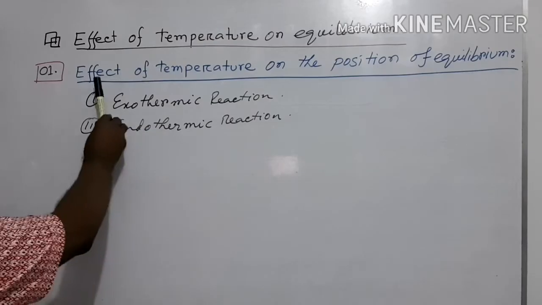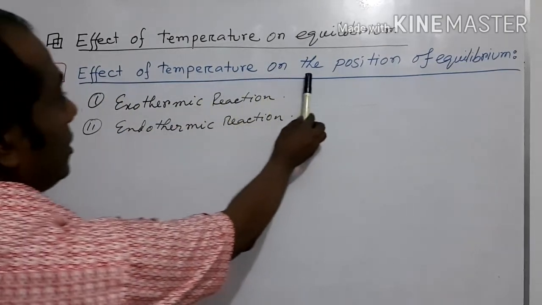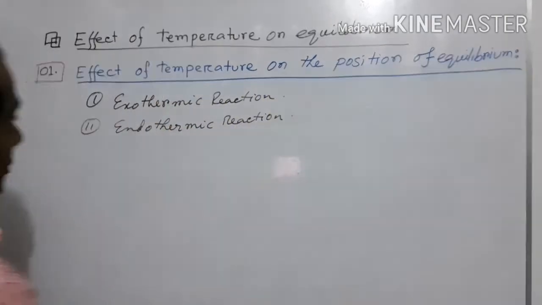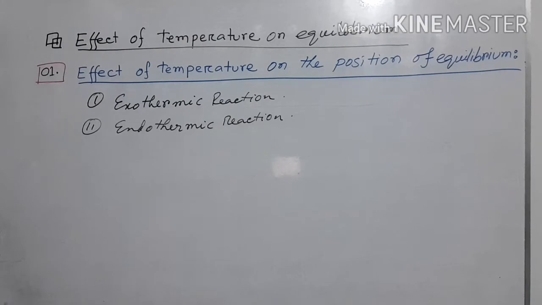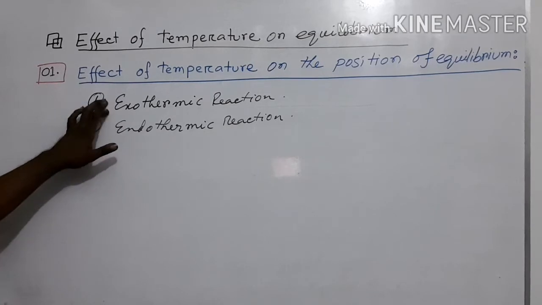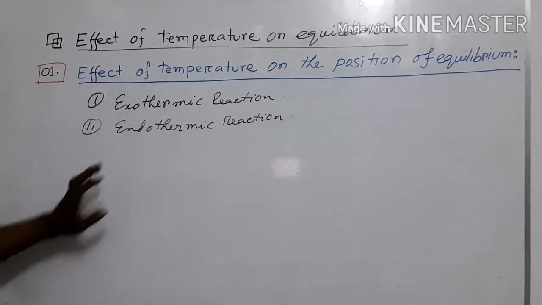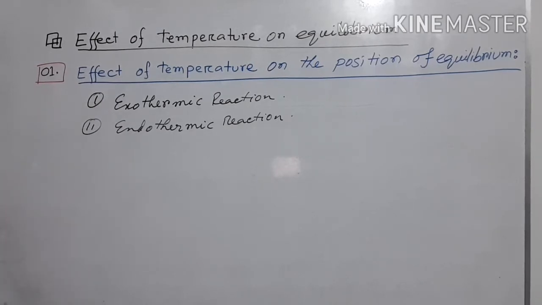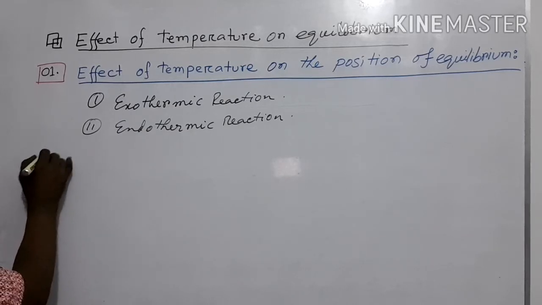Now, effect of temperature on the position of equilibrium. We know that according to heat release and heat absorption, reactions are of two types. First one is exothermic reaction and second one is endothermic reaction. At first, we discuss exothermic reaction.